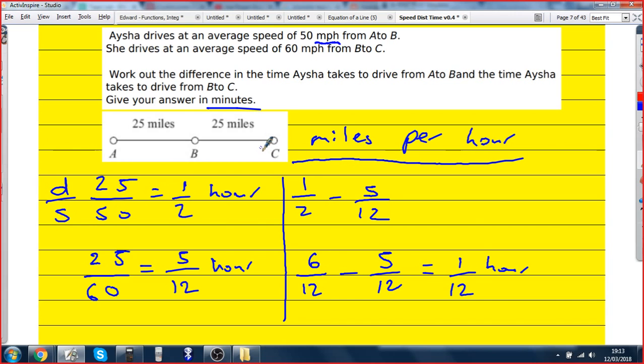Would you divide by 60? You would do 60 divided by 12.